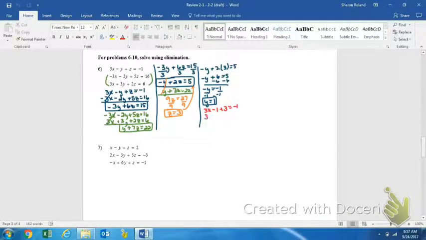And so you have 3x plus 2 is -1. Subtract 2 from both sides. And 3x equals -3.